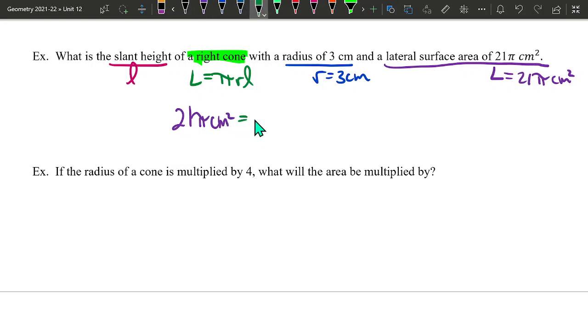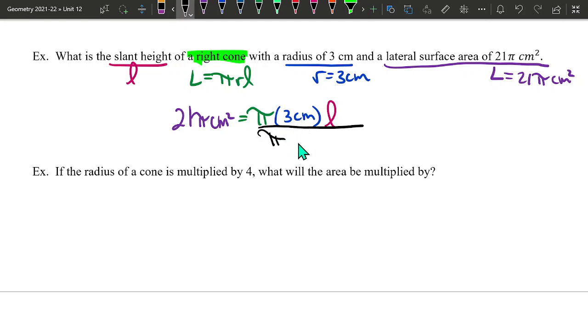And it says that equals pi times the radius, which is 3 centimeters, and then times the slant height. So since I want to solve for the slant height, L, I want that by itself. Since I have other stuff that's being multiplied by it, I want to undo the multiplication with division. I need to get rid of this pi, so I'm going to divide by pi.